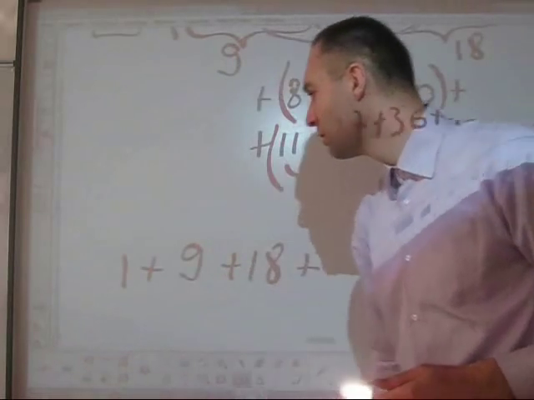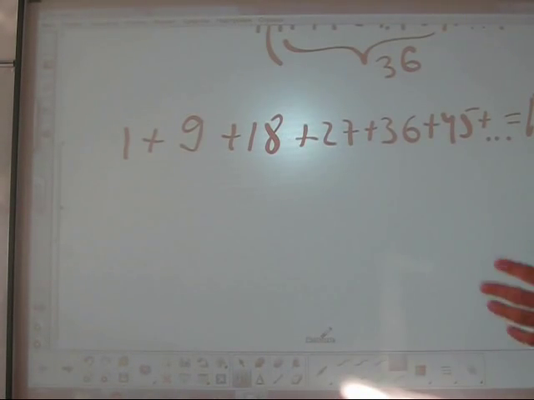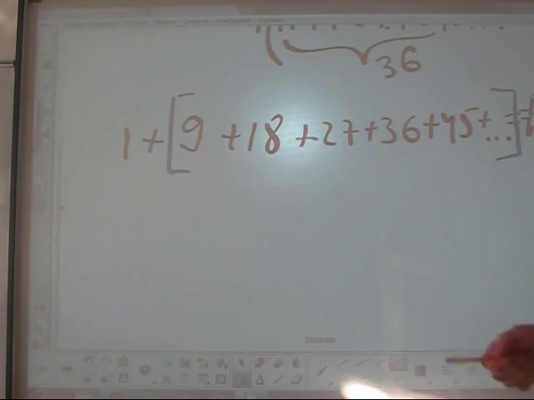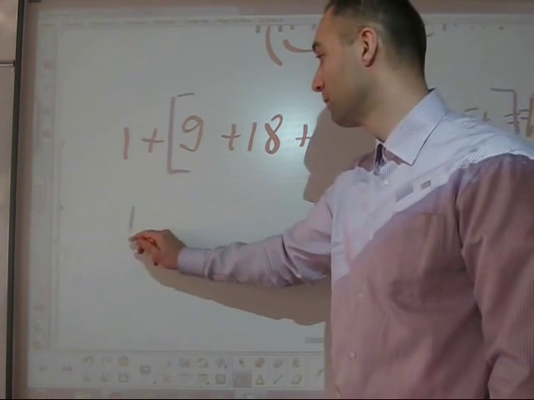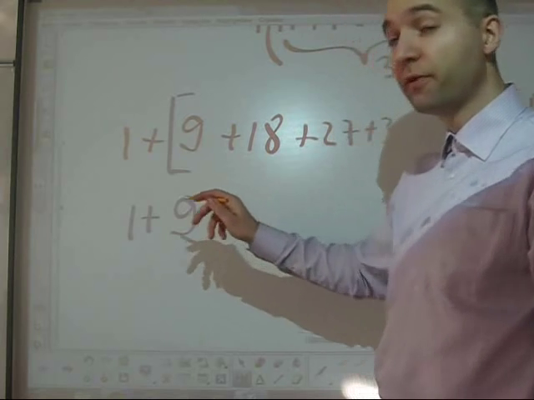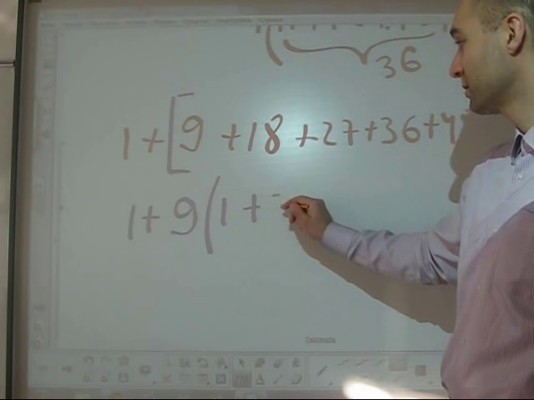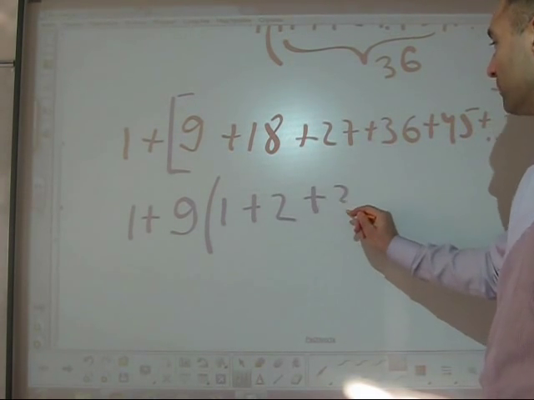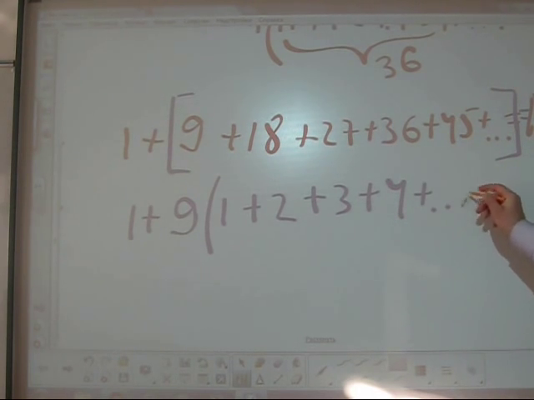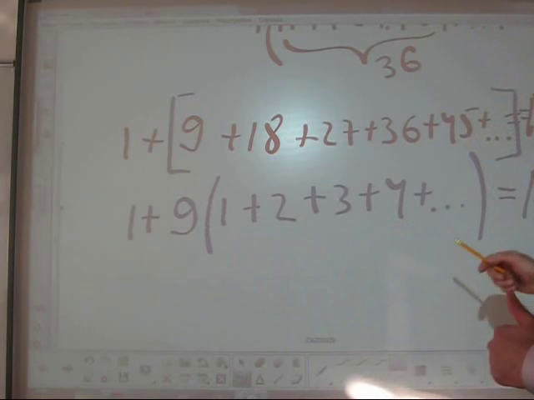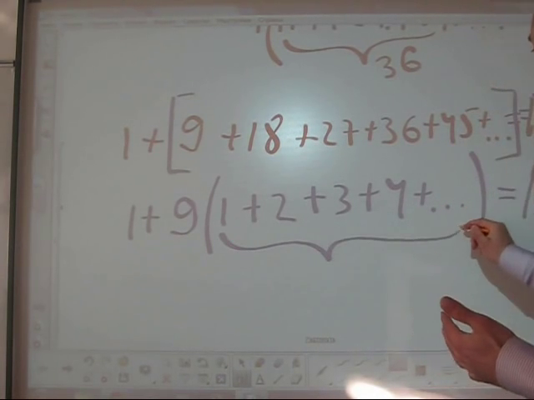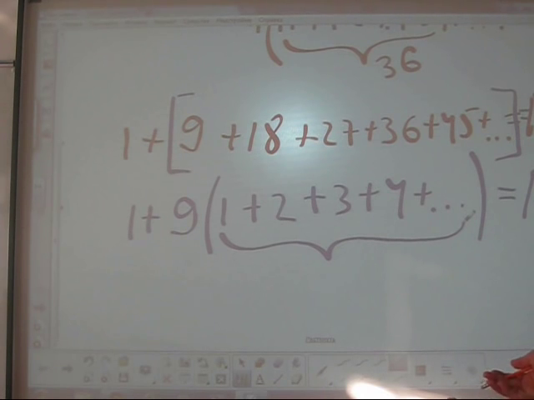Okay, let's move on. And now let's factorize this sequence of numbers. Let's take the common factor outside the parenthesis, and we will get 9 times 1 plus 2 plus 3 plus 4 plus etc. equals N. And inside this parenthesis we get the sum of all natural numbers again.